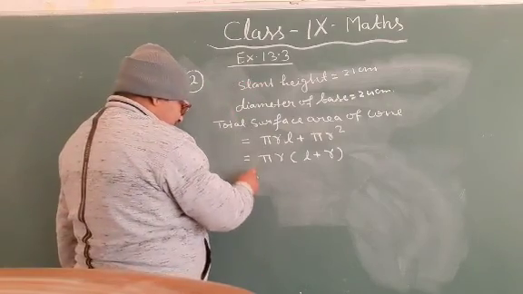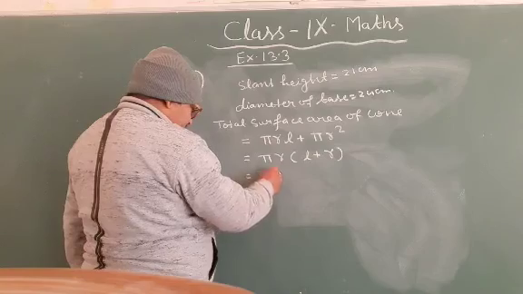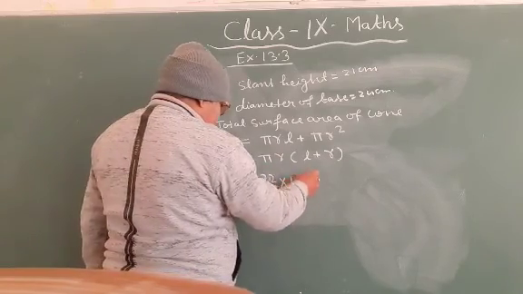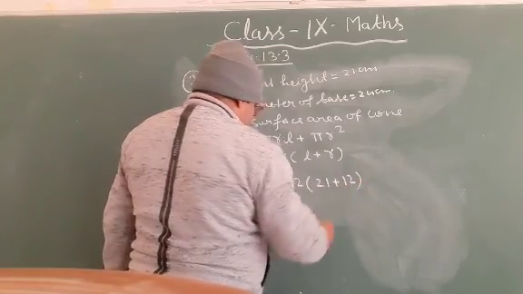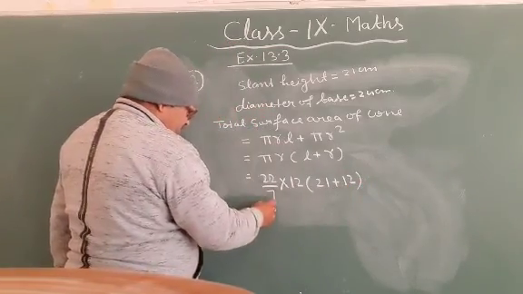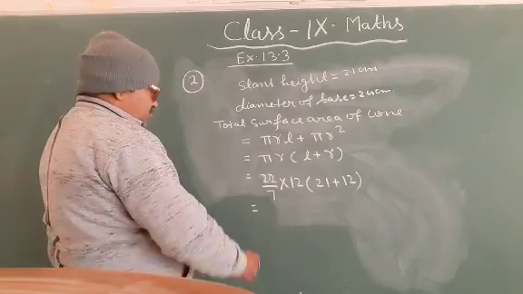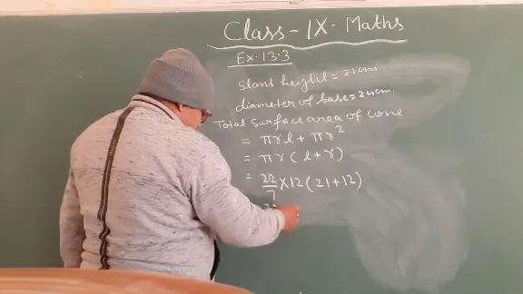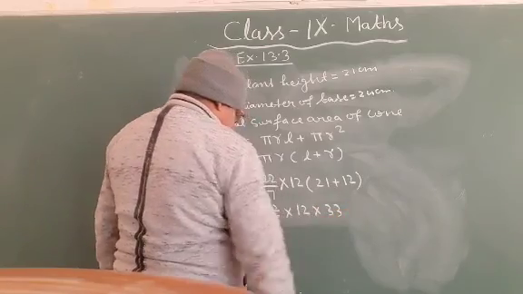Now pi is 22/7 into 12 into 21 plus 12. 21 plus 12 is 33. So 22/7 into 12 into 33.